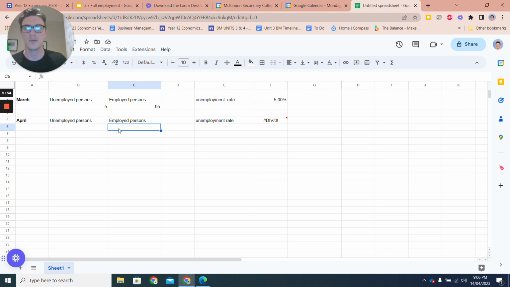Now say there's an increase in employed people, so maybe that goes to 100, but a larger increase in unemployed persons, so maybe that goes to 10 unemployed persons. We've got more people in jobs, but the unemployment rate has actually increased from 5% to 9%. So keep an eye out for those questions.